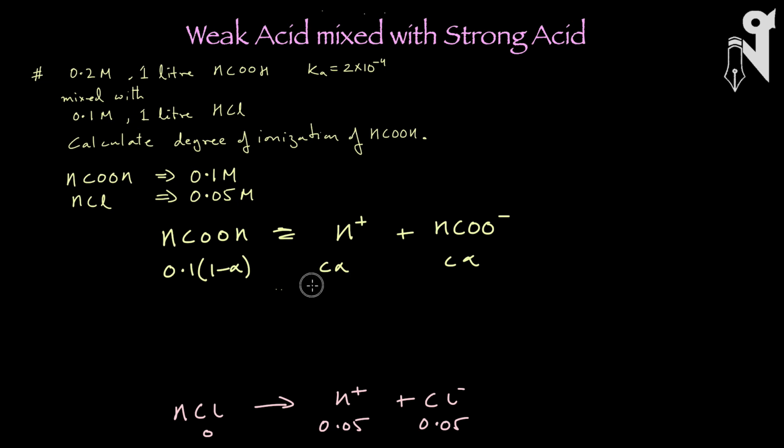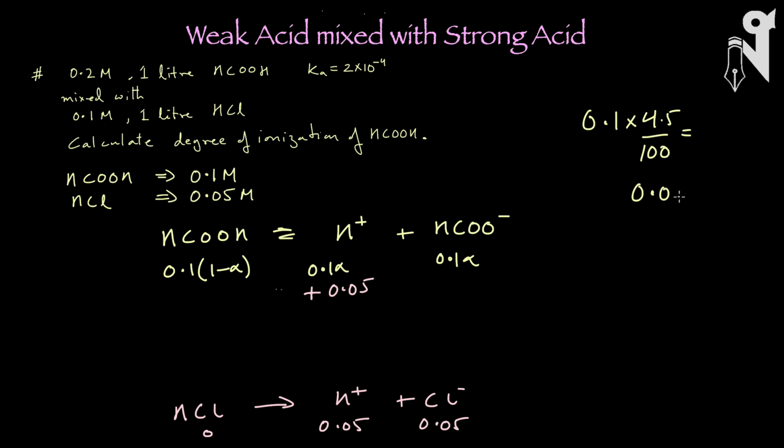Now what is coming from formic acid would be quite less. We know it by why? Because logically we have seen that my alpha is going to be less than 4.5%. So 0.1 into alpha, which is 4.5 divided by 100, is equal to 0.0045.